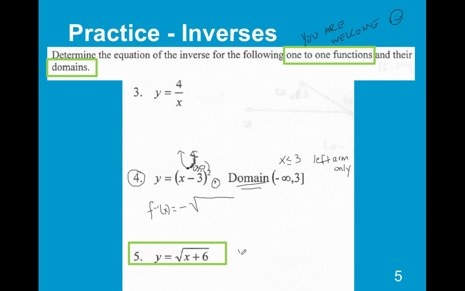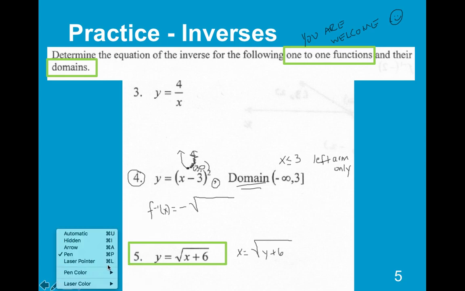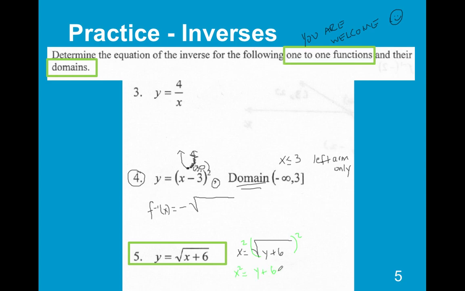So they switch x and y. They say, not a problem, I know how to get rid of a radical. They're going to square both sides. So that leaves them with x squared is equal to y plus 6. They'll get y by itself.